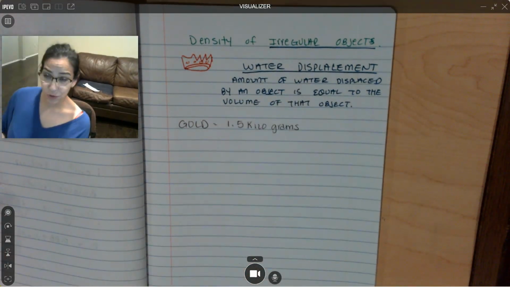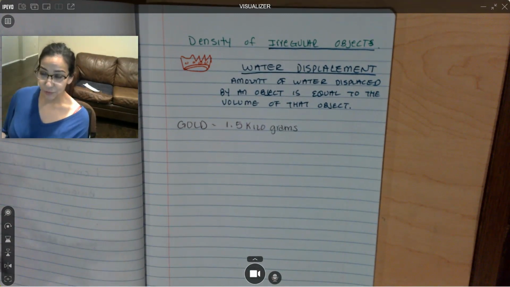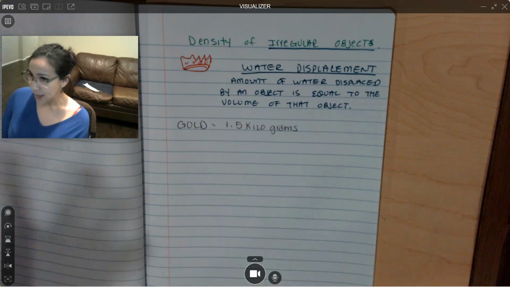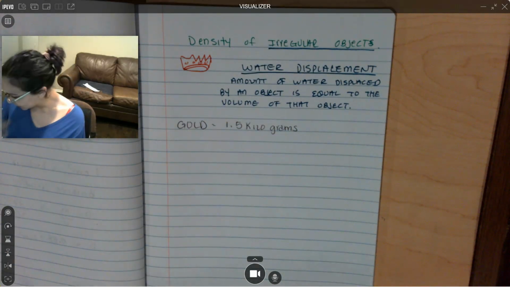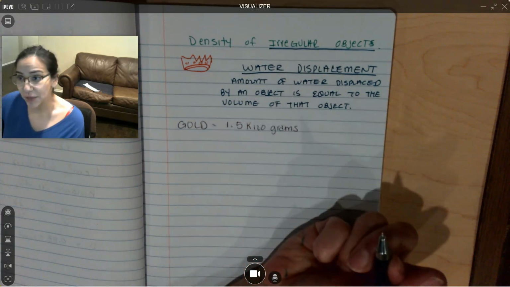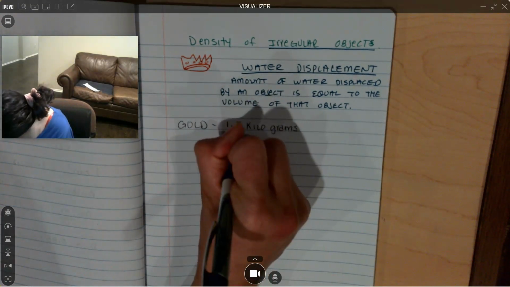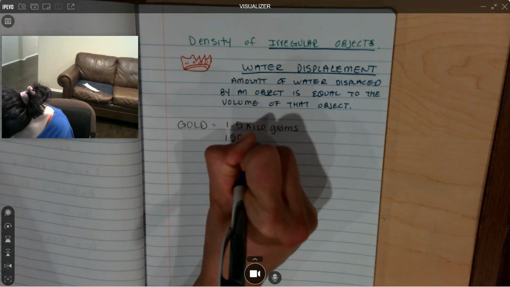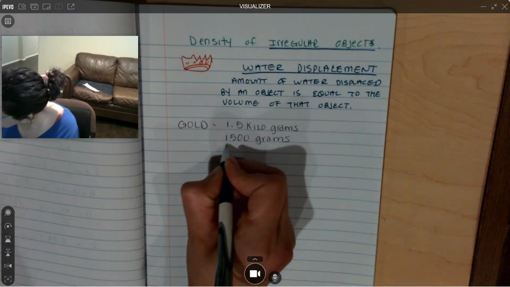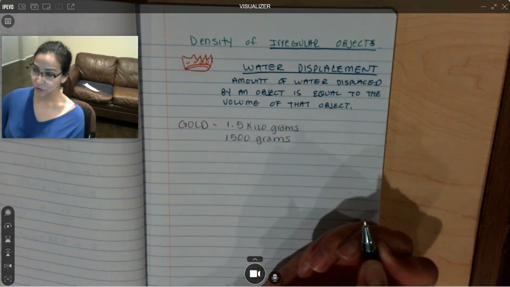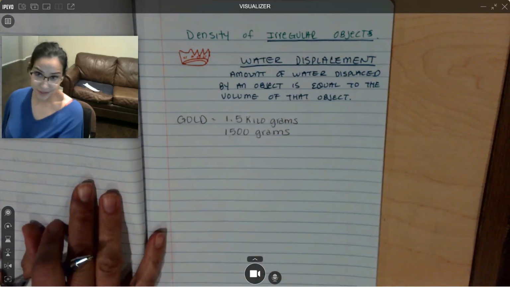If you remember our metric system, we can convert kilograms to grams by doing a simple conversion. In this case, you just multiply it by 10 to the third. This is equivalent to 1,500 grams. So this is how many grams of gold we have. Now let's find the volume.